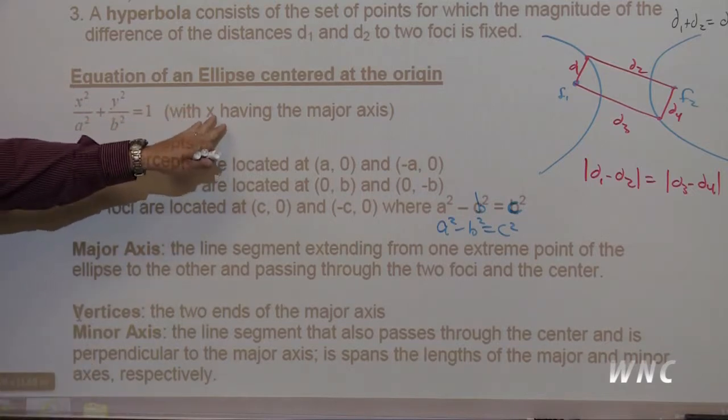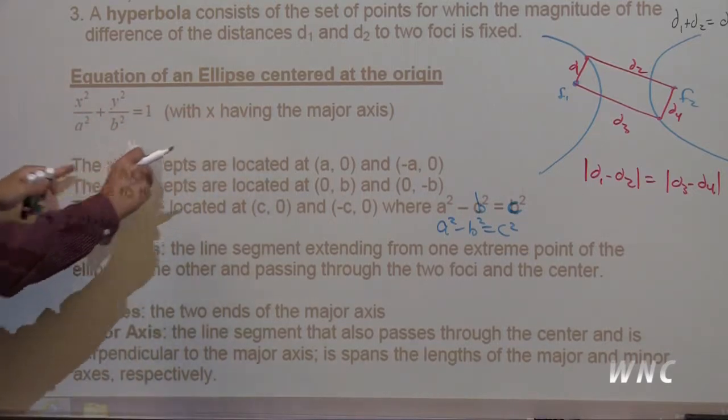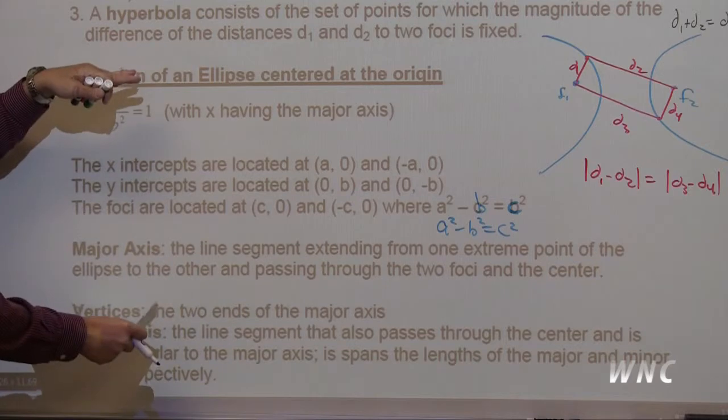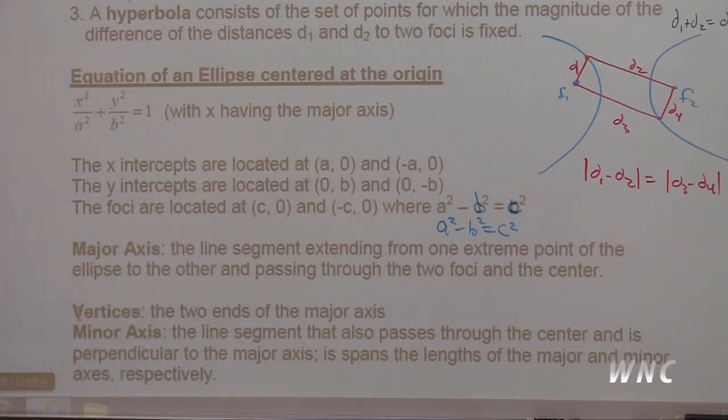And since we're talking about the case that x has the major axis, it would be wider and the minor axis would be shorter. Hang on, let me go back to this. The minor axis is the line segment that also passes through the center and is perpendicular to the major axis.